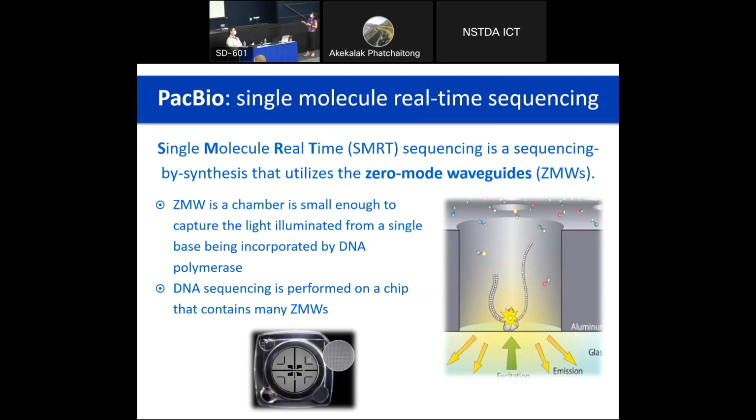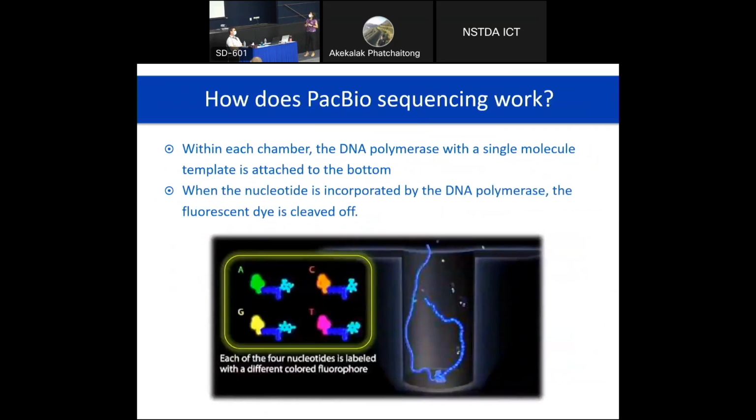So the way this works, PacBio also uses fluorescent dye, similar to Illumina and Sanger sequencing. These are the 4 different color nucleotides. This is the zero mode waveguide, the tiny chamber on the chip. When you're ready to start the sequencing, you attach the polymerase to the library, and it sits at the very bottom of the well.